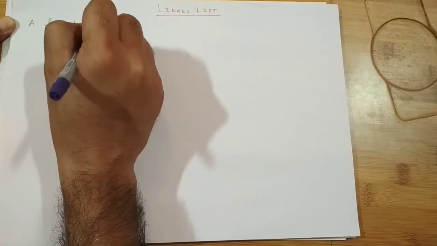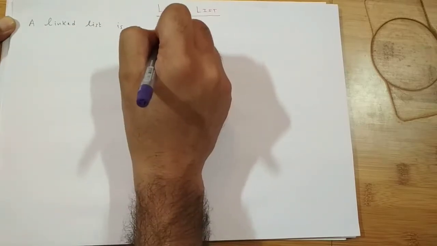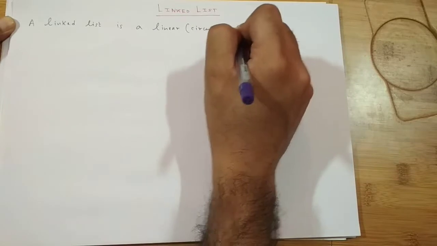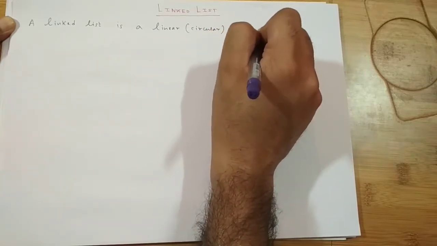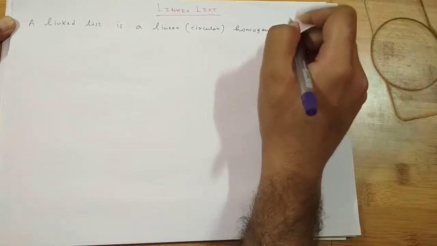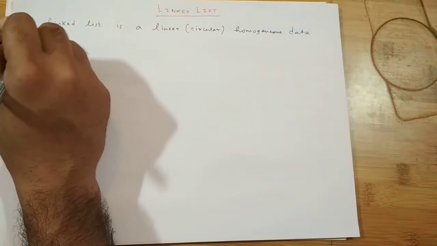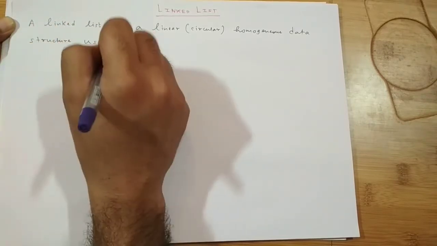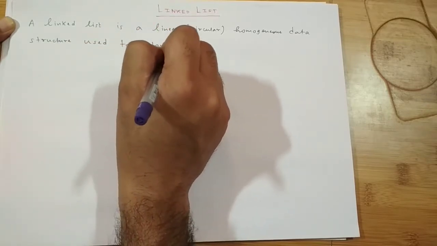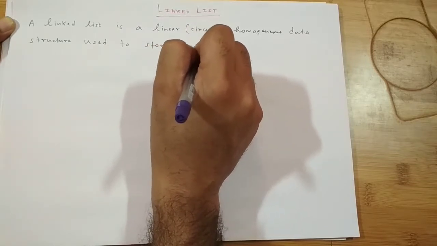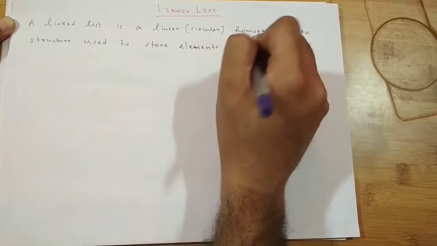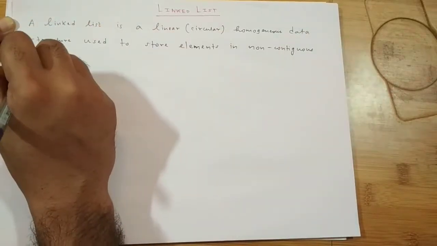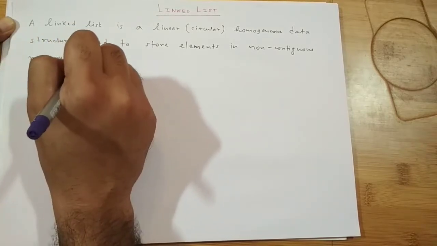A linked list is a linear or at times circular homogeneous data structure used to store elements in non-contiguous memory locations.